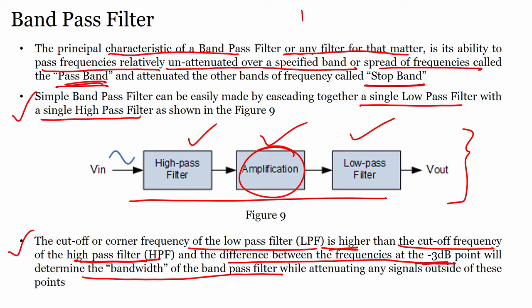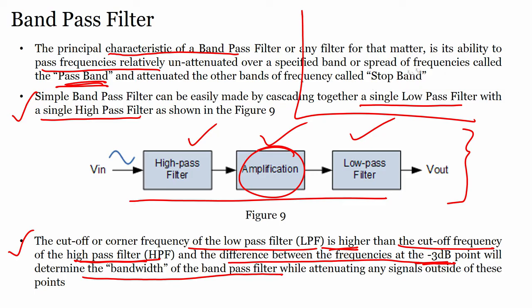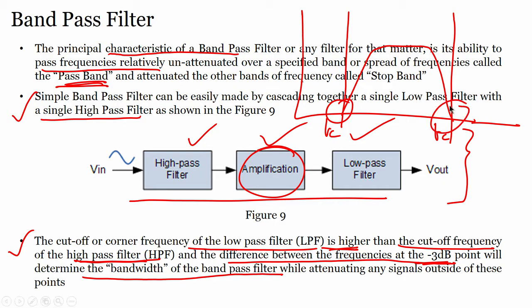That means if I draw a band pass filter response, I will have something similar to this. So, what is this frequency Fc? This will be Fc, and this will be another Fc. We are talking about these 2 points, which is point number 3.